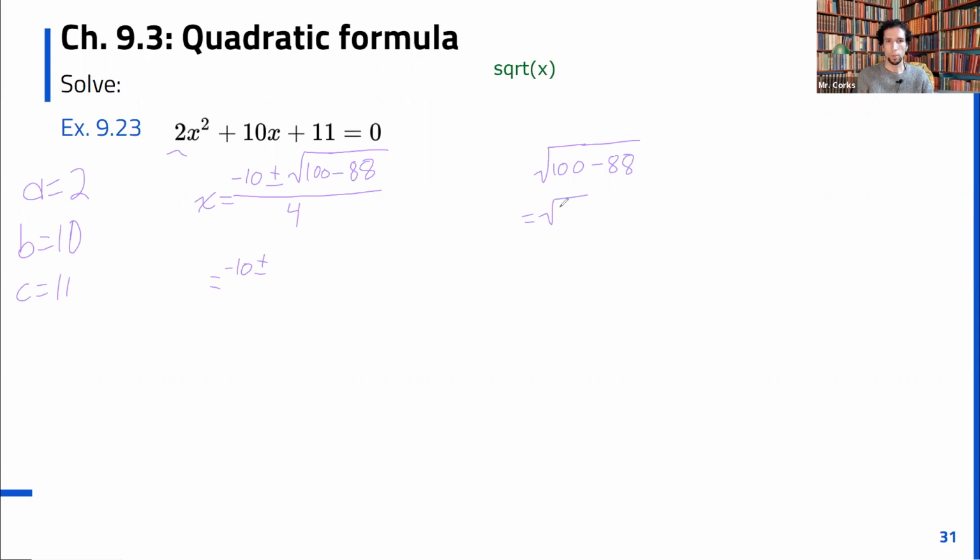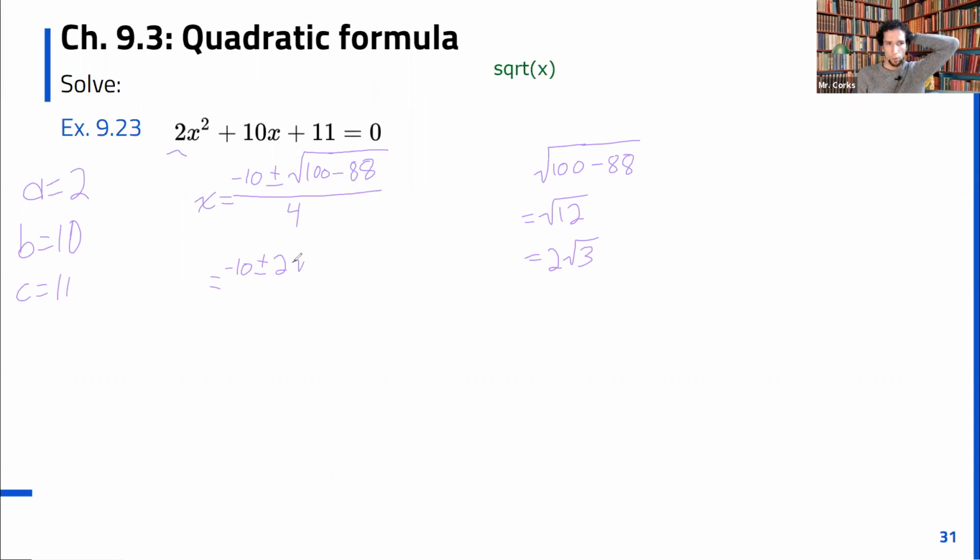Is square root 12. And we had this before, but tell me again, how can we reduce the root 12? It becomes 2 root 3. So 12 is 4 times 3, and the square root of 4 is 2.